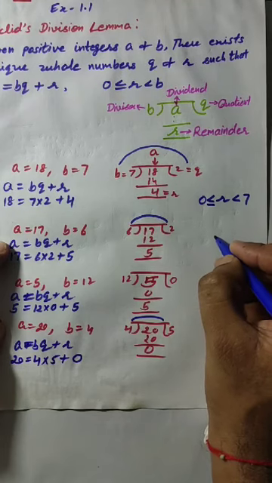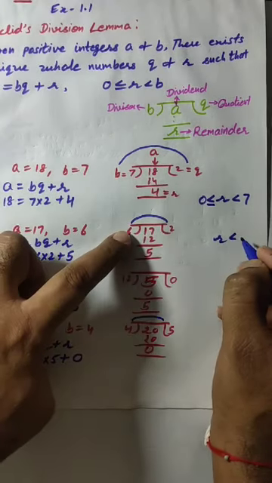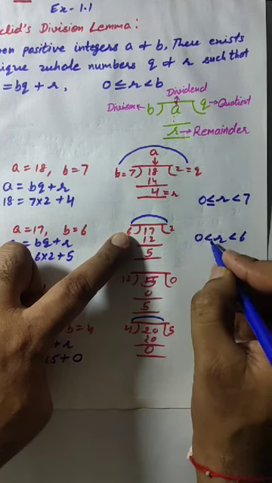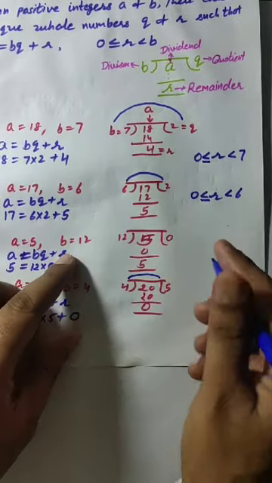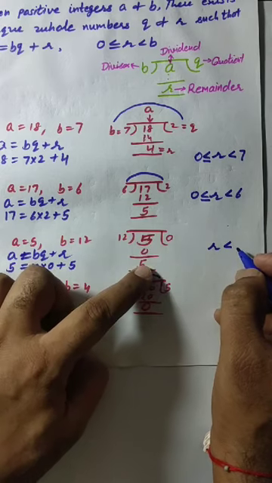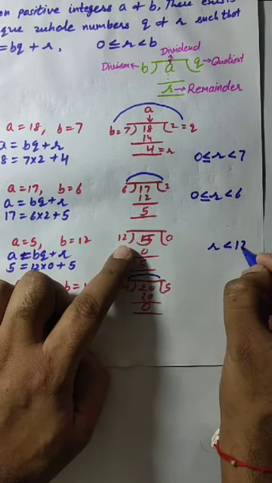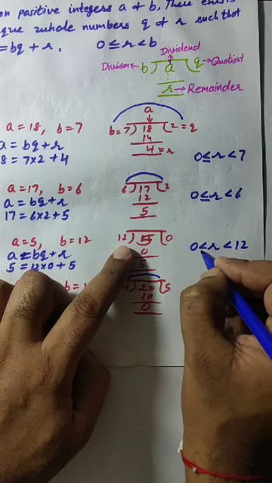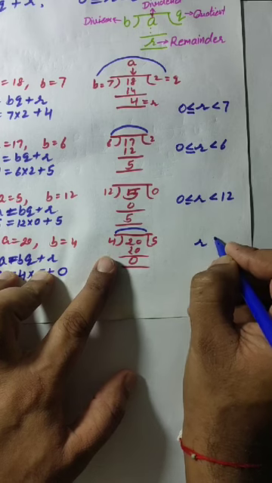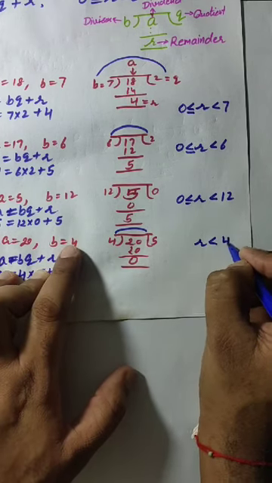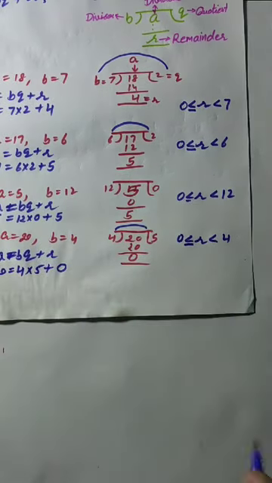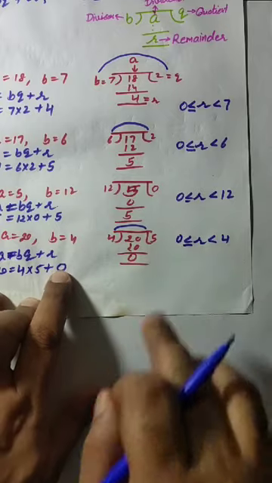In the second question, r is less than b, that is 6, and also greater than 0. And in the third question, r is less than b but greater than 0, and here r is less than 4, and here it's equal to 0.